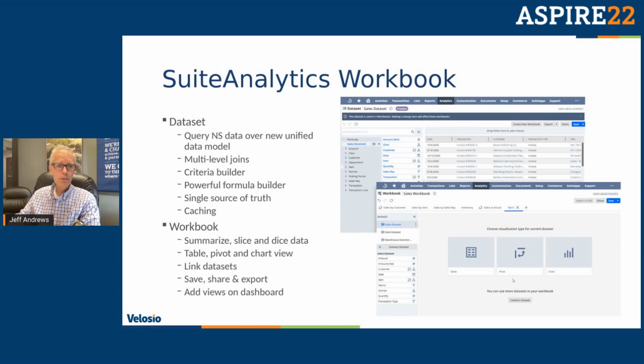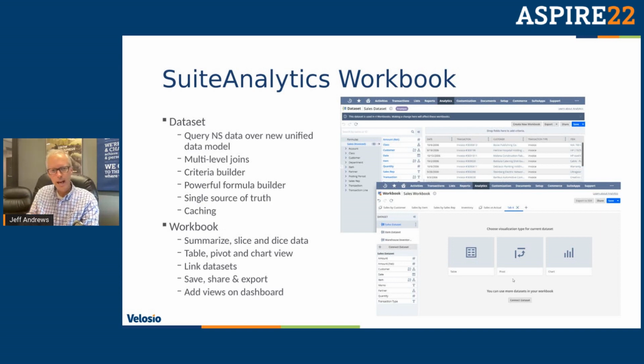But some enhancements here are very nice. So you can now do multi-level joins. There's a formula builder, so if you want to do some what-ifs in your workbooks, you can. You can also do caching. Sometimes when you build these workbooks, if there's a lot of data, like show me all of my AP or AR in real time, maybe it takes 10 or 15 seconds to load.